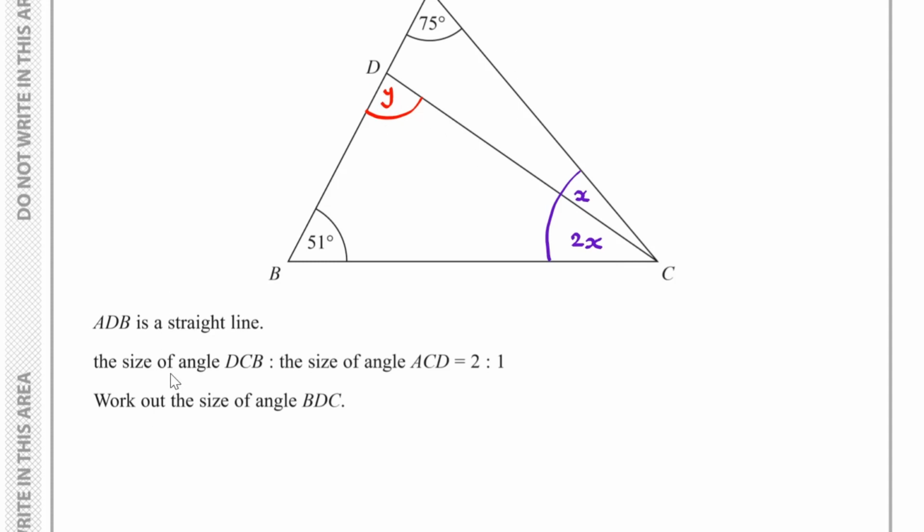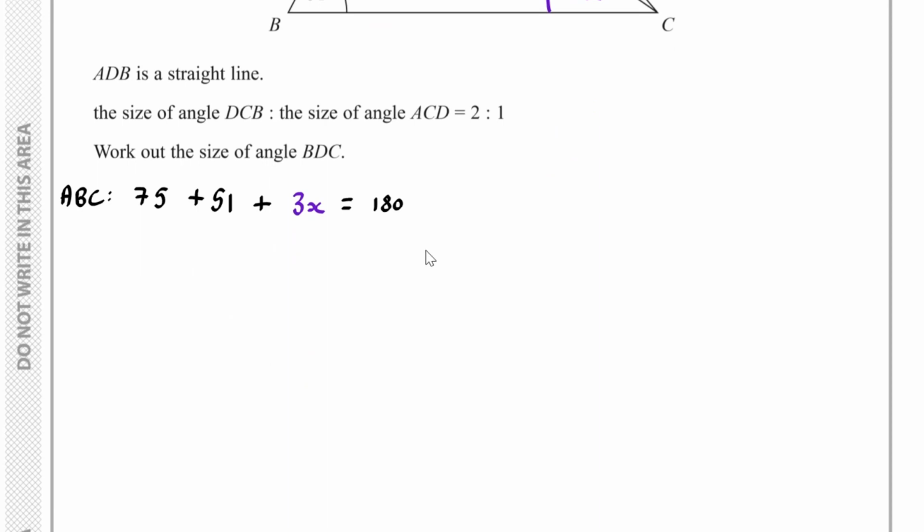So if we consider the triangle ABC, we have 75 degrees plus 51 plus there's 2x plus x, so plus 3x. This is equal to 180 degrees. And if we tidy this up a bit, we have 126 plus 3x equals 180.